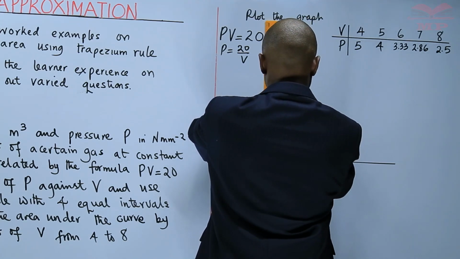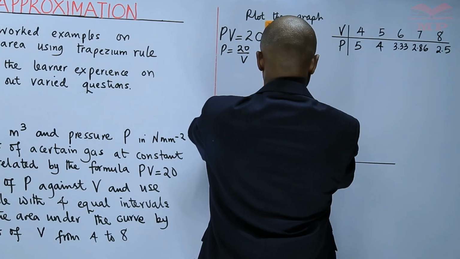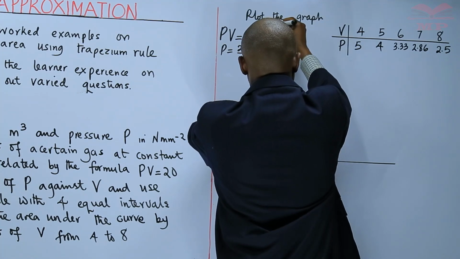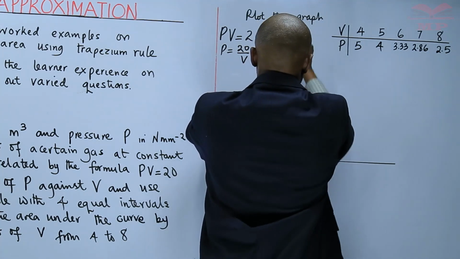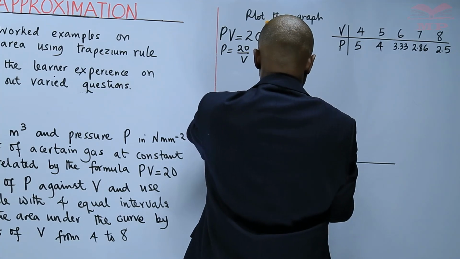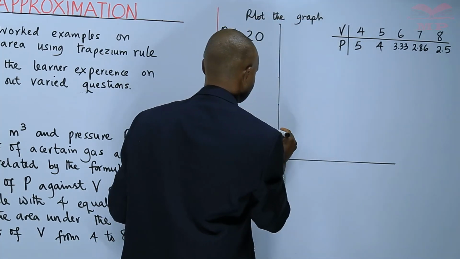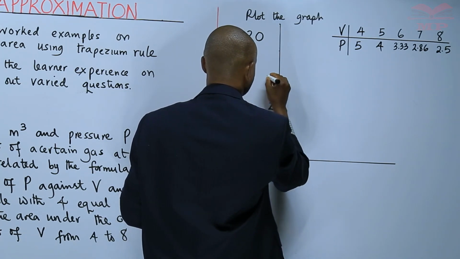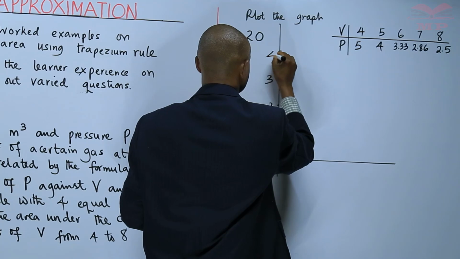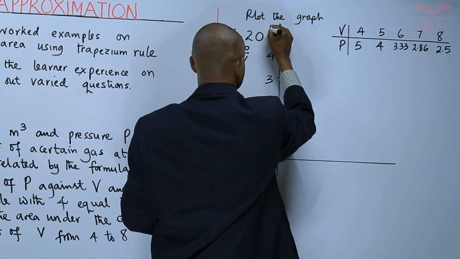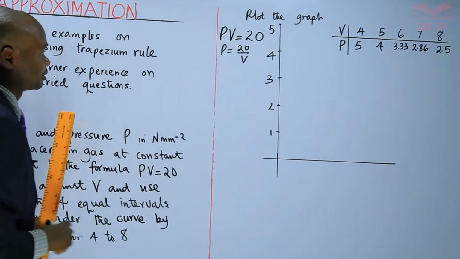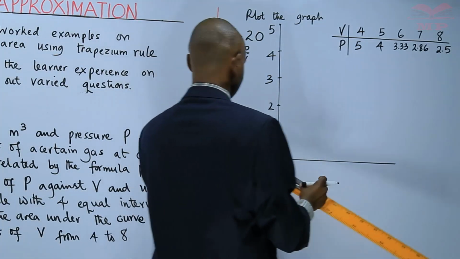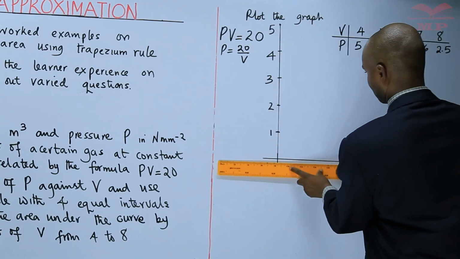To make it more visible, you can have 1, 2, 3, 4, 5. On this one, you can just use the same scale because it's only 4 of them.